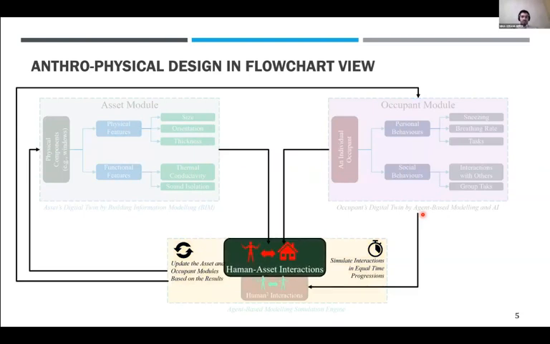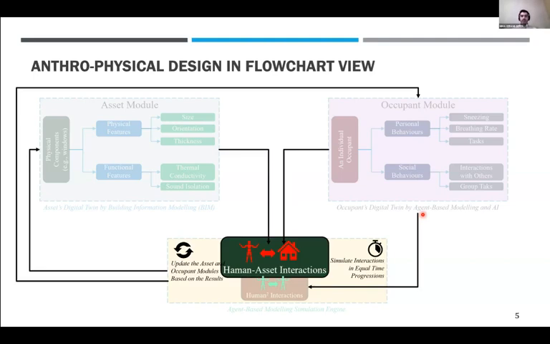Technically, the novelty of my research is this human-asset interaction. The rest is out there, but I have to build them in order to make this human-asset interaction happen. However, the human-to-human interaction is pure agent-based modeling. There are tons of studies out there looking into, for example, how it affects disease resilience or energy consumption in buildings and so on.